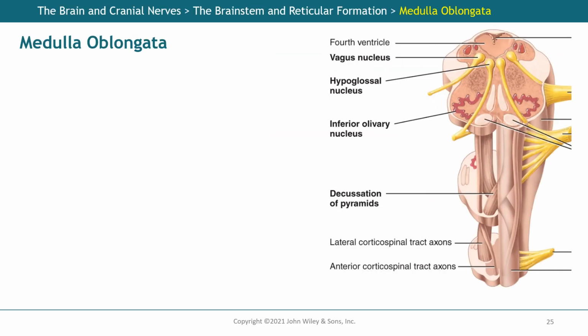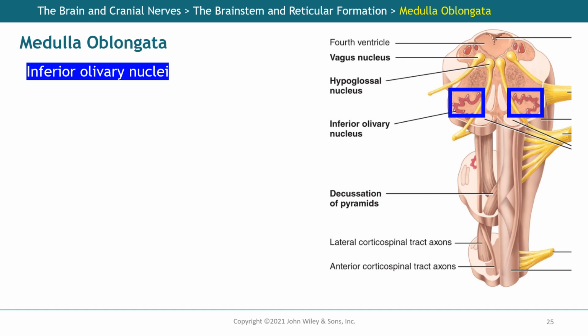The final region that I'm going to talk about is the inferior olivary nuclei, and this region is located here. These are the inferior olivary nuclei. They are located in the lower part of a structure that has an oval shape, called an olive.